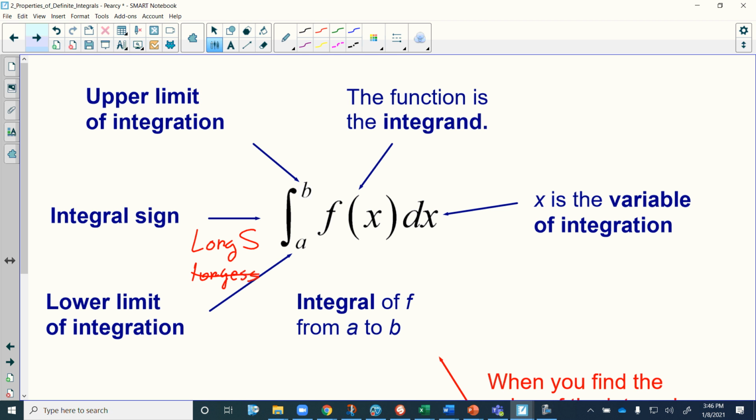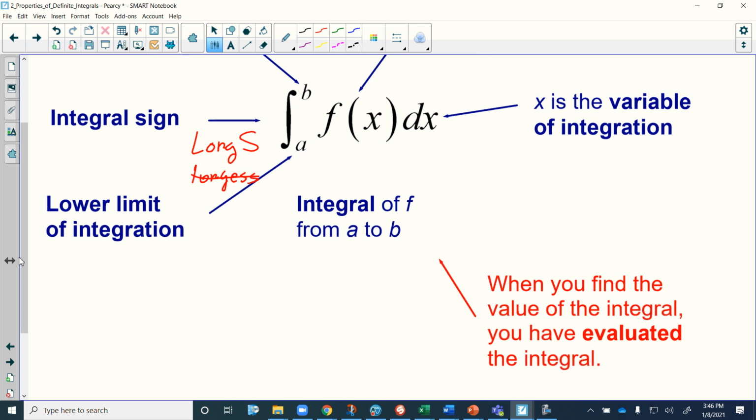X is showing you that that's the variable that we're taking the integration with respect to. And so here we're taking the integral of function f along the interval from a to b. So that is how we read the notation for definite integration.